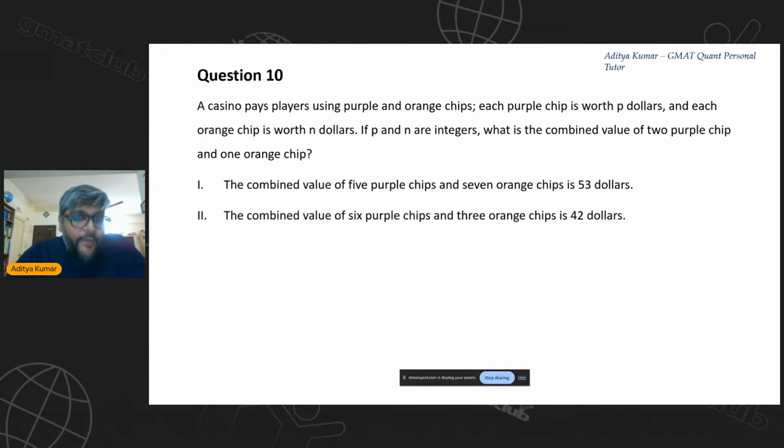So at any point of time, if you see that you're running behind time, which may be the case in the DI section, don't panic and start rushing through. Take stock of the situation and fight the right battles. I always tell this to all my students, especially before they go to take their test. Remember, the GMAT is like a war, which has many battles in it. It's not required for you to win all the battles.